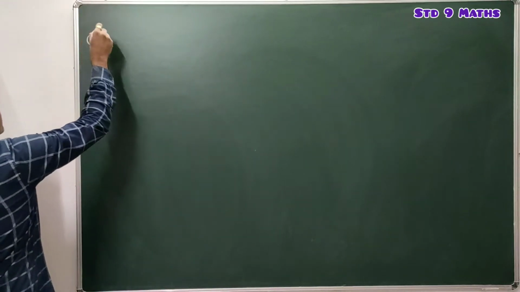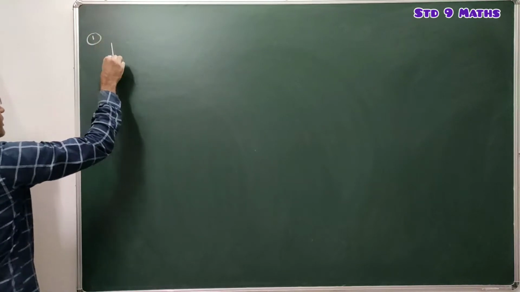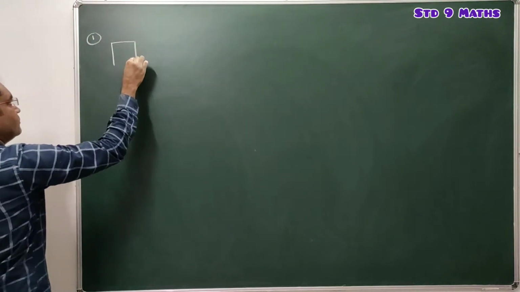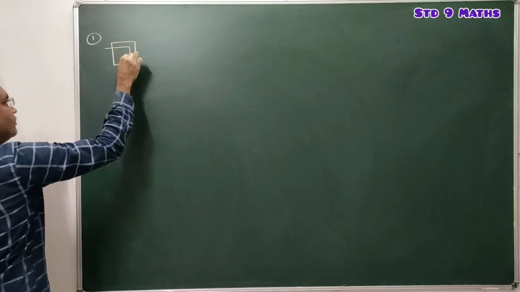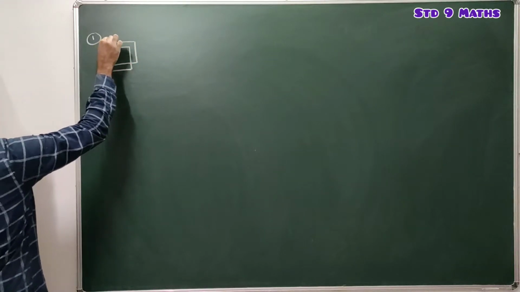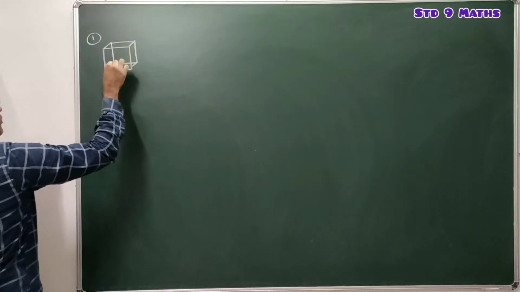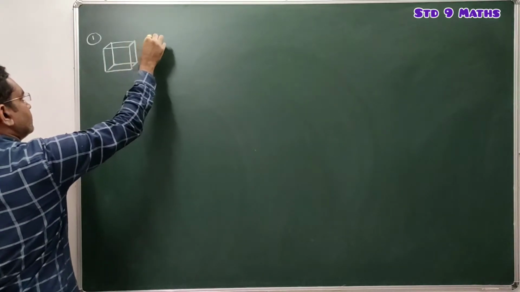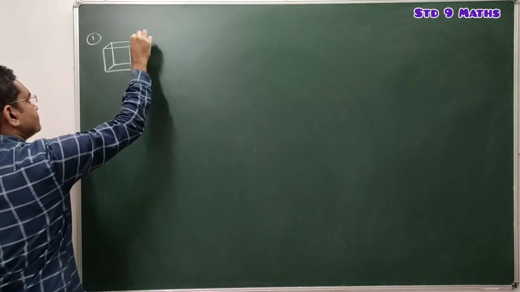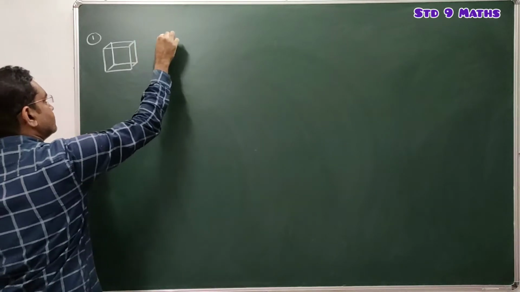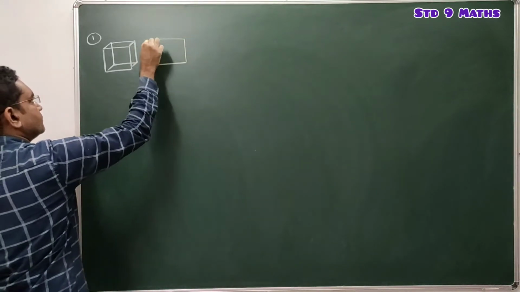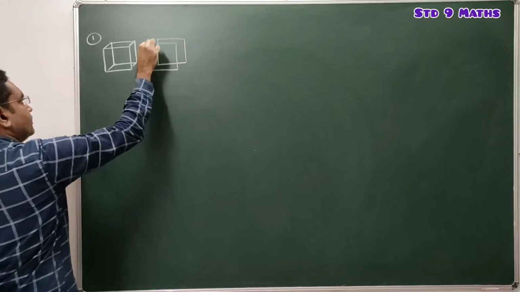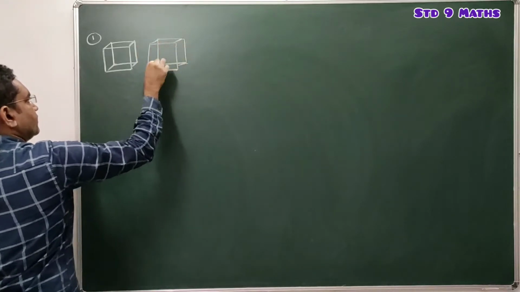Two cubes of side 6 cm are joined end to end. So this is one cube. Length of each side of the cube is 6 cm. So two cubes are joined end to end. So consider another cube. Now we have to join these two cubes end to end.